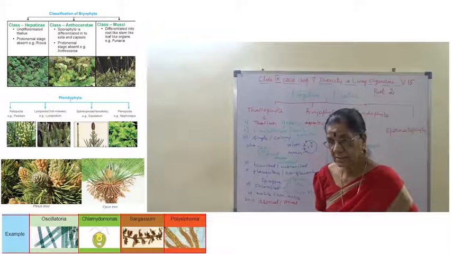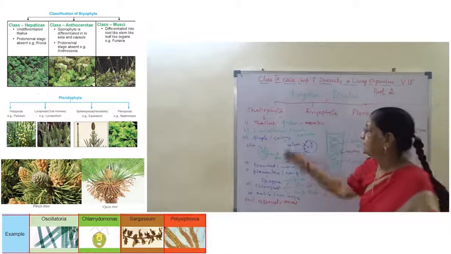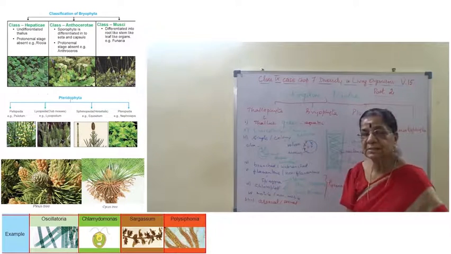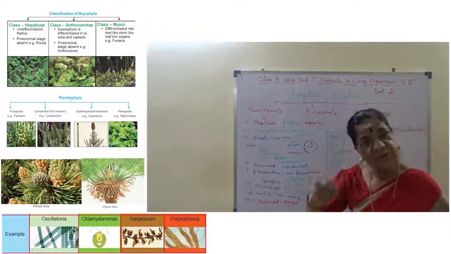The shape of the chloroplast also. There are 12 classes in Thallophyta, whereas in Bryophyta there are only 3 classes.